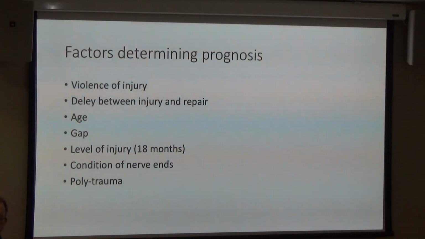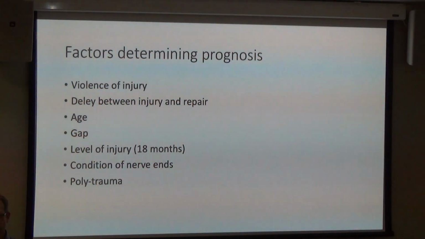The higher the injury, the less likely it is to recover. If there's a very high injury and they have continued to progress, after 18 months you're not going to see any significant further regeneration. Axonal regeneration seems to run out of steam at about 18 months.